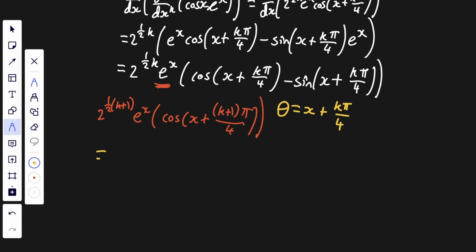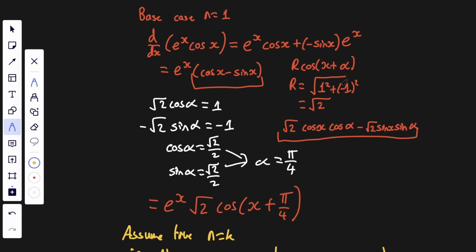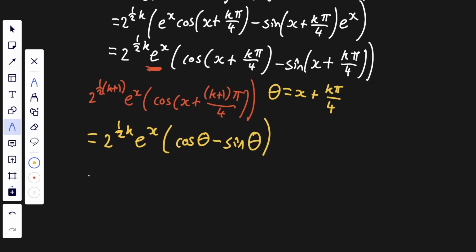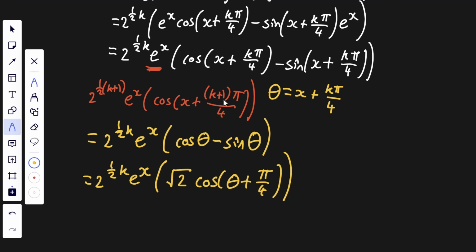This converts to 2 to the half k, e to the x, (cos theta minus sine theta). Now we saw that we've basically done this already. We've already converted this into just a cos. So this is the same as 2 to the half k, e to the x, times the square root of 2 cos (theta plus pi on 4).